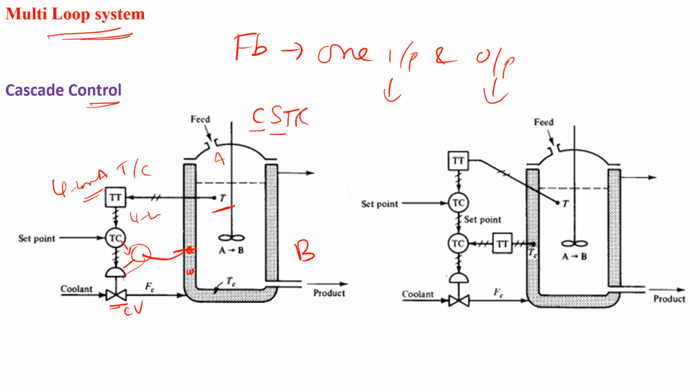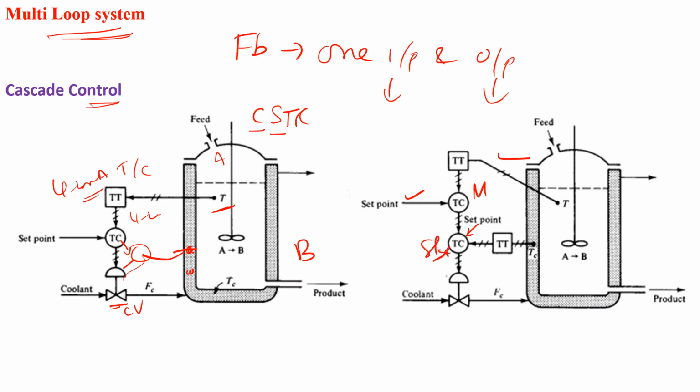This is our primary variable, and this is the master controller. The master controller compares the current value with the set point, and it gives a control value so that the temperature will be maintained. That control output acts like a set point for the other controller, which is the slave.